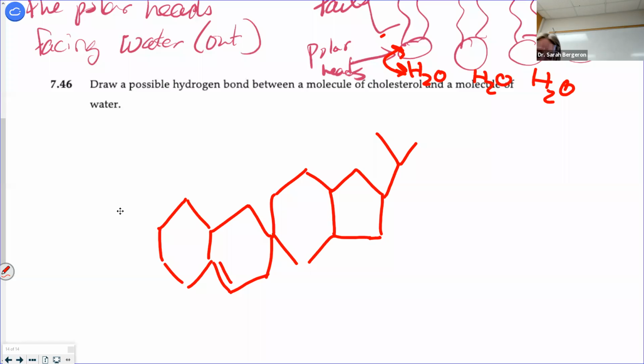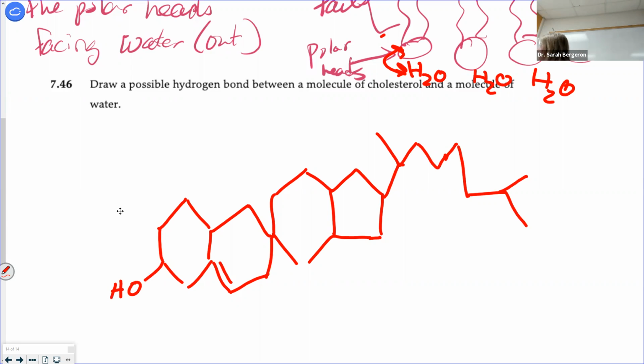These cyclic groups. And then they have these nonpolar tail groups that can have all kinds of carbons going on. It depends on which cholesterol you have, what other stuff you have attached. But basically you have cyclic groups, you have nonpolar tails, and then on one end you have a hydroxyl.